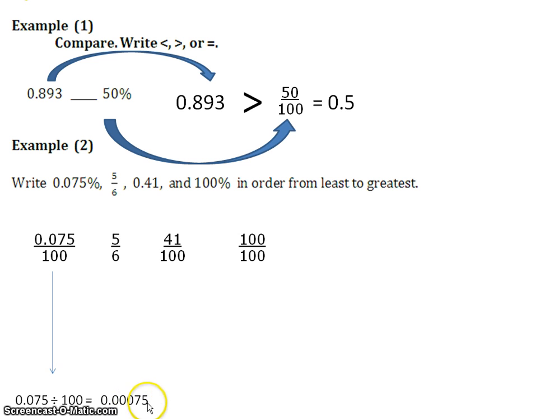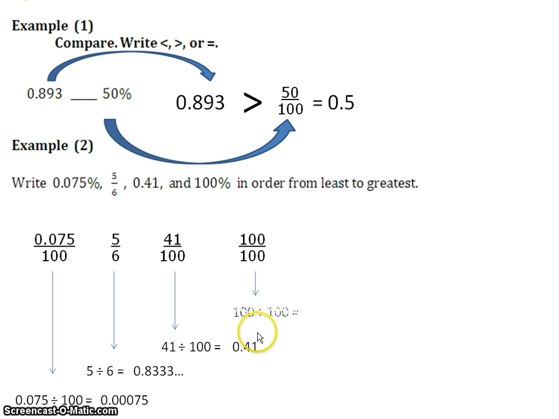I do the same with 5/6: take the numerator 5, divide it by the denominator 6, and come out with 0.833 repeating. 41 divided by 100 comes out to be 0.41, and 100 divided by 100 comes out to be 1. Now remember, we are asked to write these numbers from least to greatest.